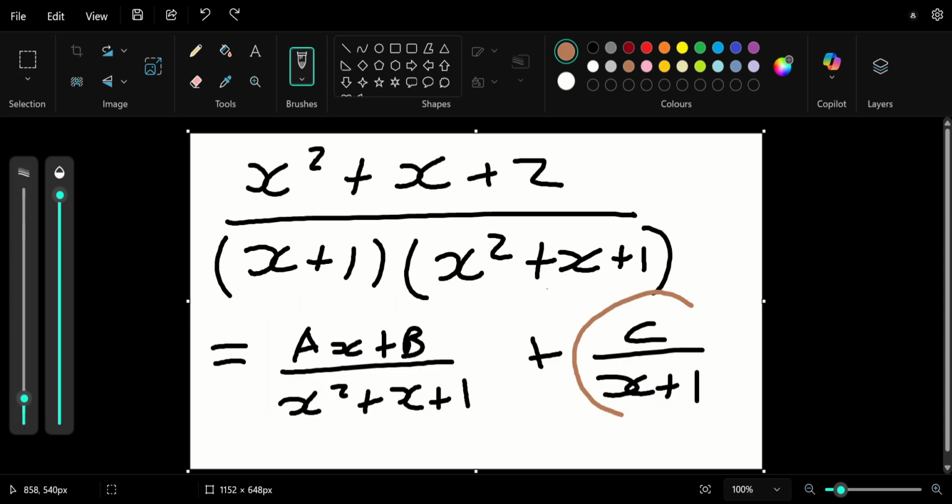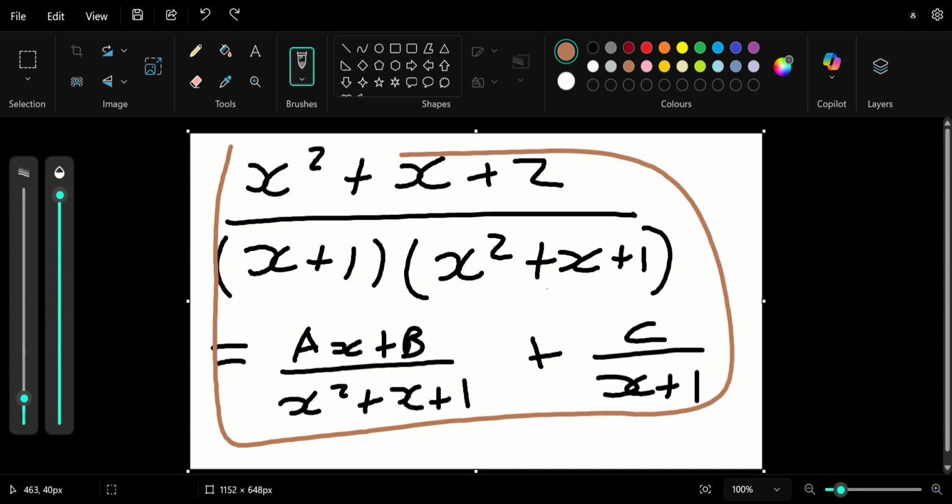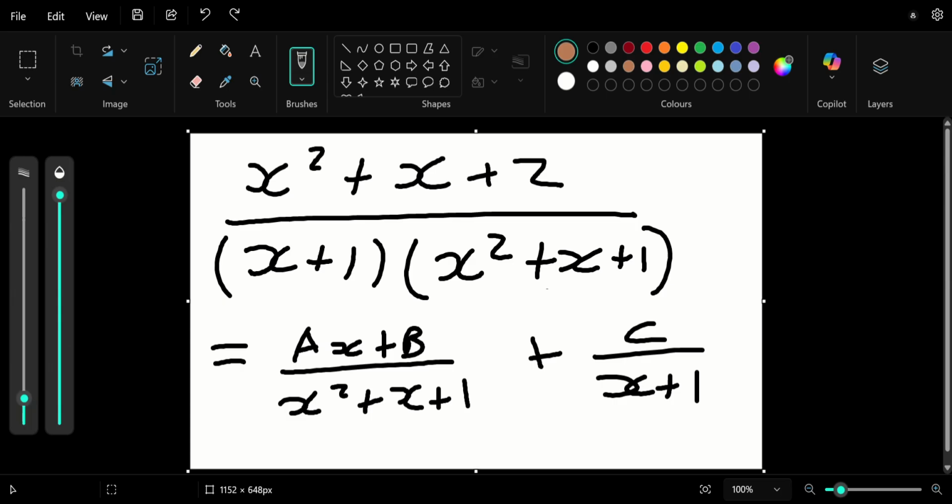And our other constant here is over this denominator right here, c over x plus 1. The reason we're using the constants a, b, and c is because we're going to be comparing coefficients later. But for now, we have this equation, and let's start solving for it.